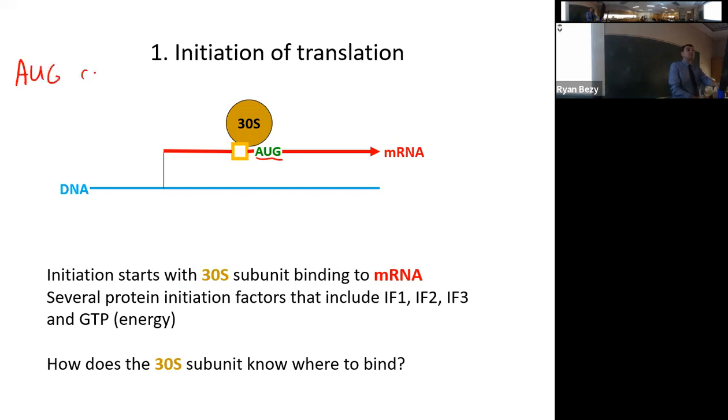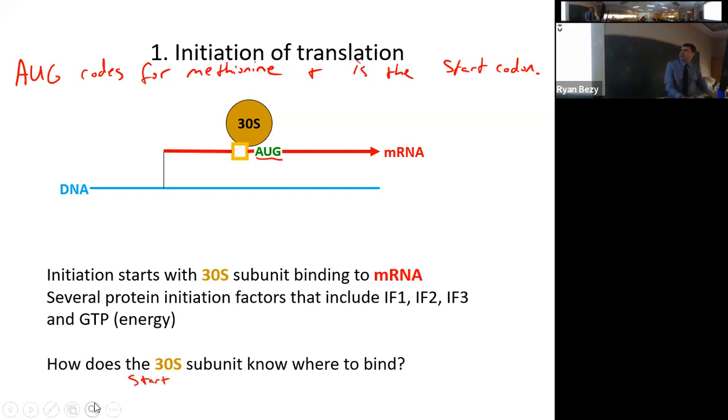It codes for methionine, but it's also the start codon. So that's going to be involved. Yes, the start codon is going to be part of this. But am I marking anything else that looks kind of weird in there? Didn't I have something else right in front of the start codon? Well, there's something going on here.